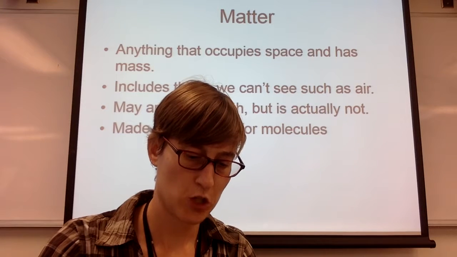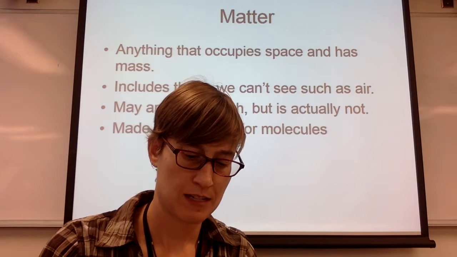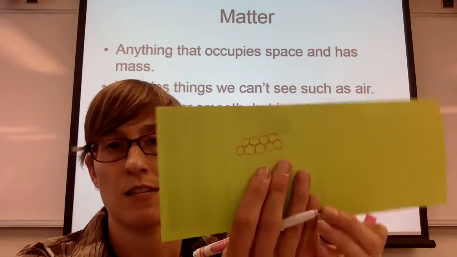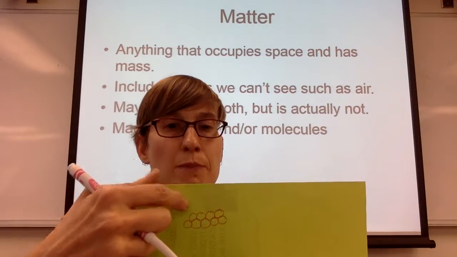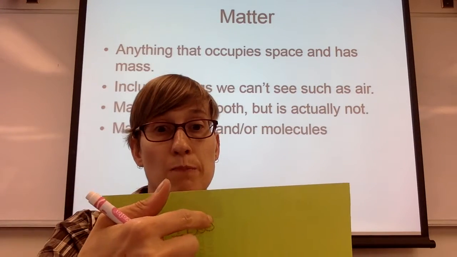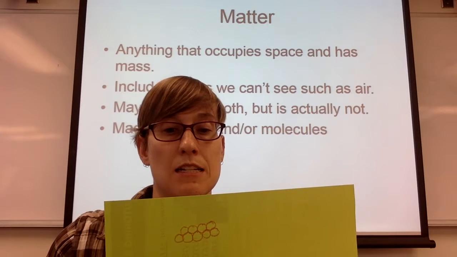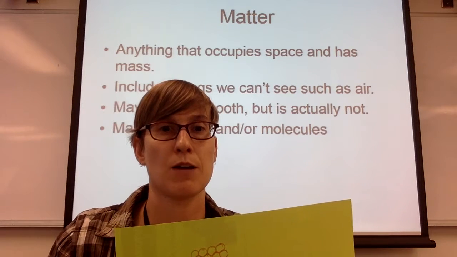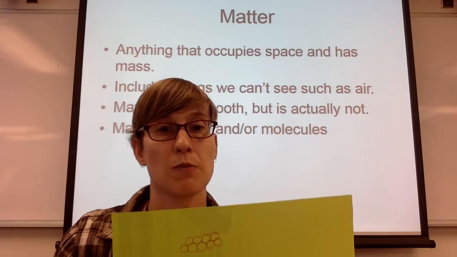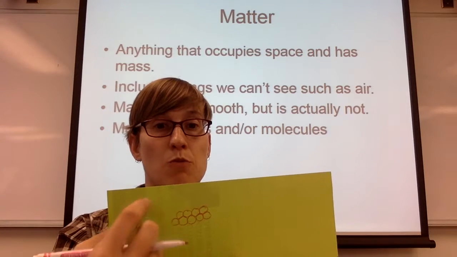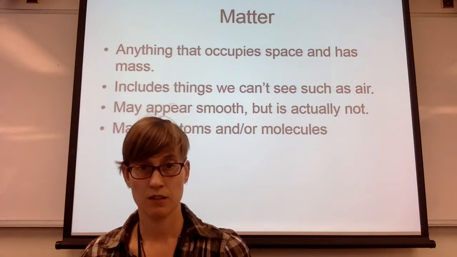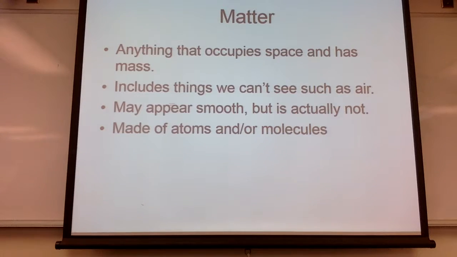I'm going to put a bunch of circles to represent different atoms. As I show you this, you can see that along the top, it's actually bumpy, right? It doesn't form a smooth surface, but our atoms and molecules are so small that we can't feel that small rigidness of them.